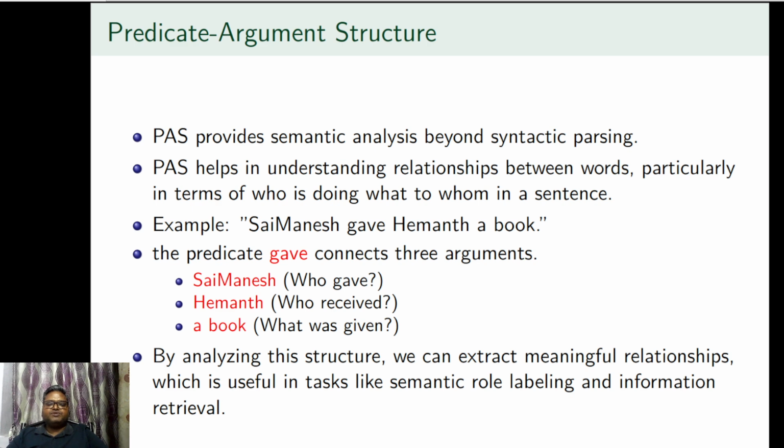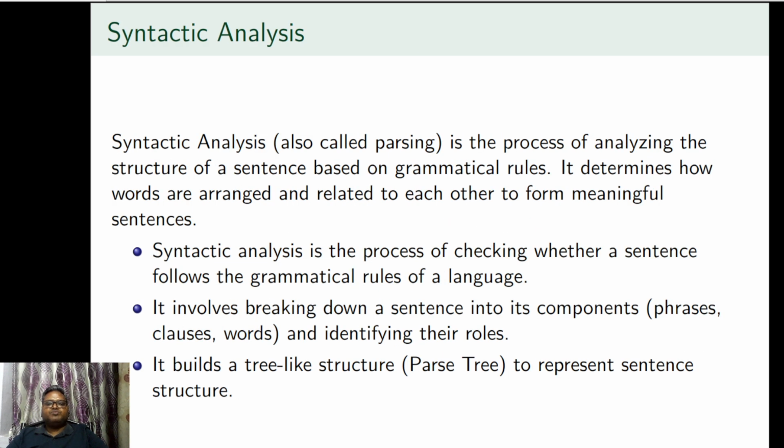If you take an example, Simonesh gave Hemant a book, here the predicate is gave. That is a root word. So who gave? Simonesh. And who received it? Hemant. What was given? A book. So if we analyze what is the verb or the predicate, we can understand how the different words are related to each other in context of a predicate.